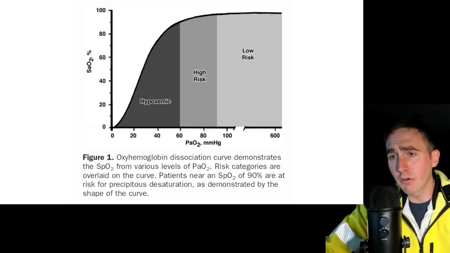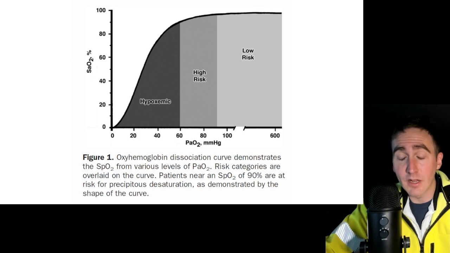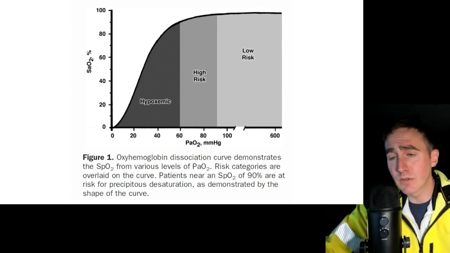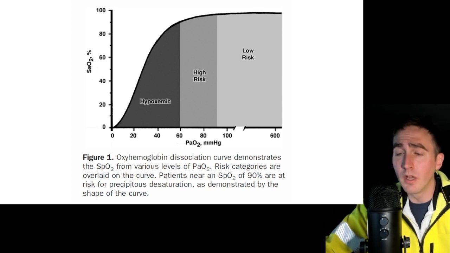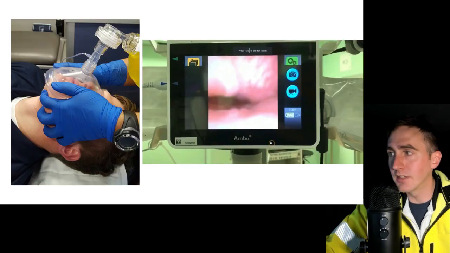You're going to have a longer period before the patient starts to desaturate. But right around that 93, 92, 91 part, that is when they start to desaturate rapidly and precipitously. And then it's hard to pre-oxygenate them from that point.